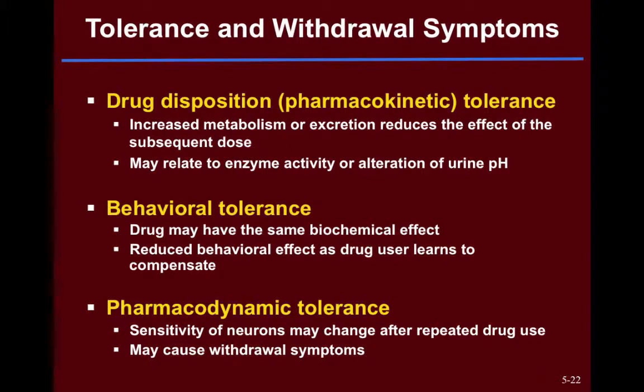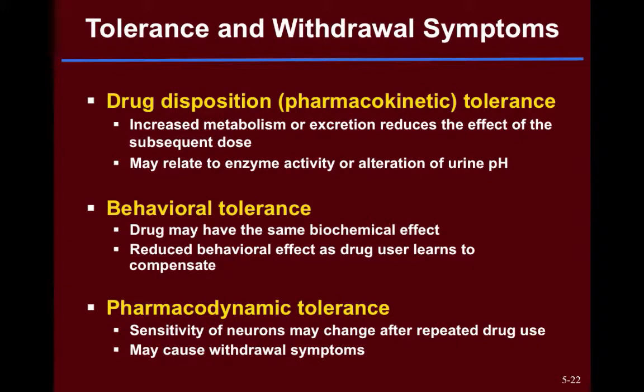And then we've got the behavioral tolerance, where we find that the drug may have a similar biochemical effect. And here we're looking at a reduced behavioral effect as the drug user learns to compensate. We actually see this with marijuana use and driving. We know that if a novice user and experienced user consume the same amount of marijuana, the novice user is much more likely to exhibit impaired driving ability than the experienced user.